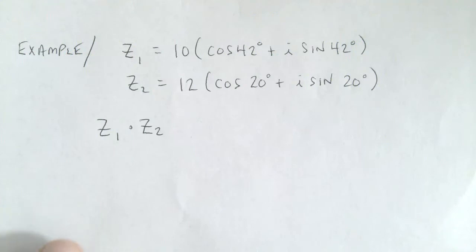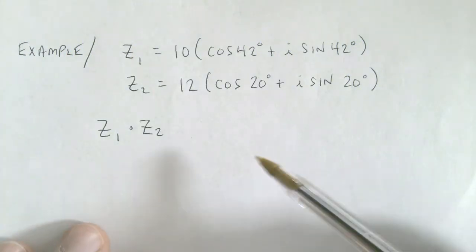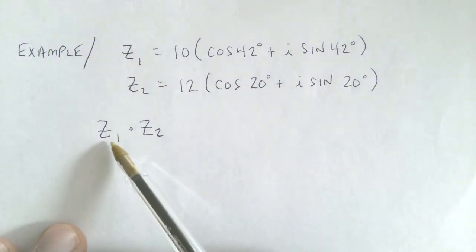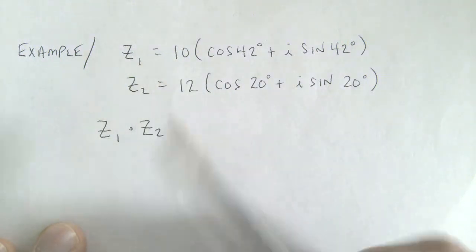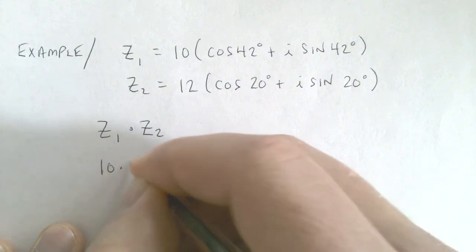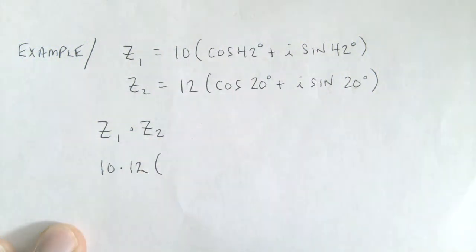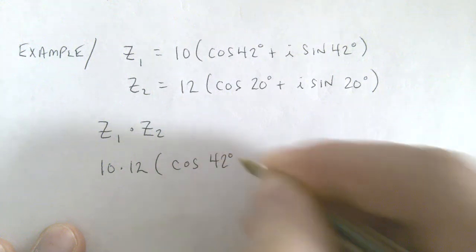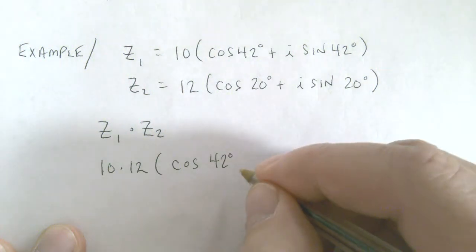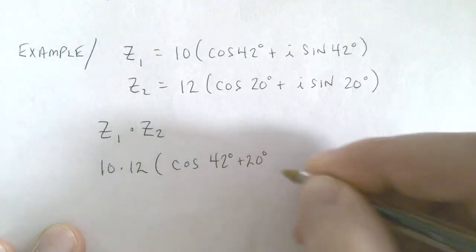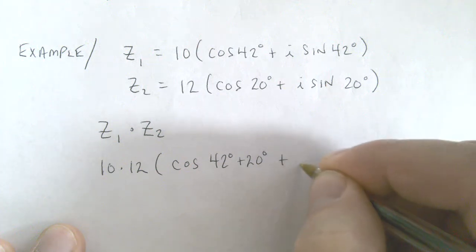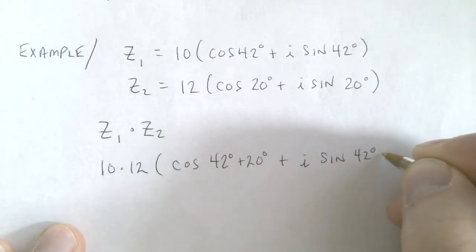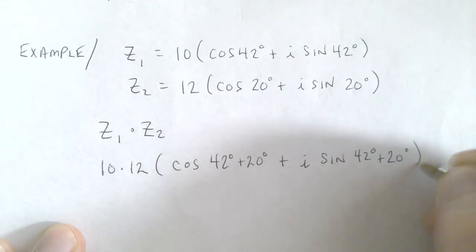Okay, so for the first example, we're going to do a multiplication problem. So if I'm multiplying here, I'm going to multiply radius 1 times radius 2. So this is 10 times 12. Then I'm going to do the cosine 42 degrees plus 20 degrees plus I sine 42 degrees plus 20 degrees.